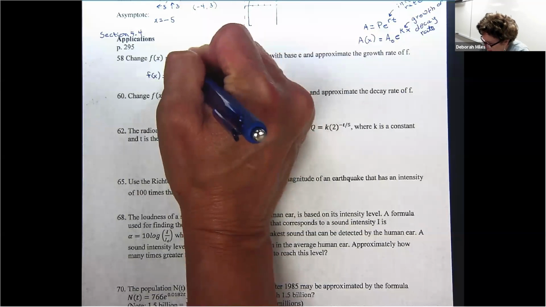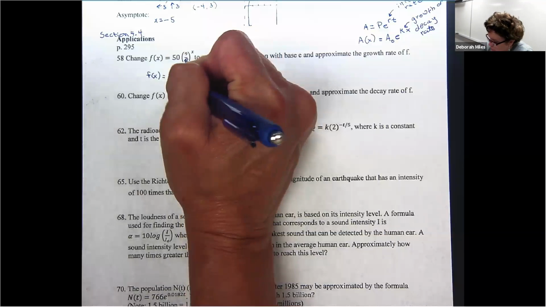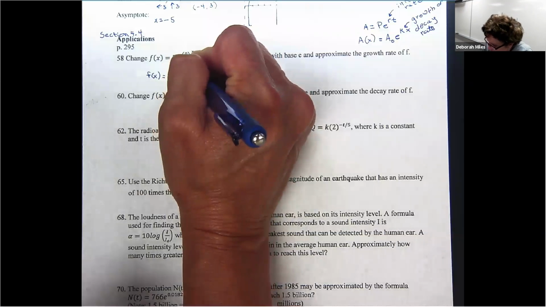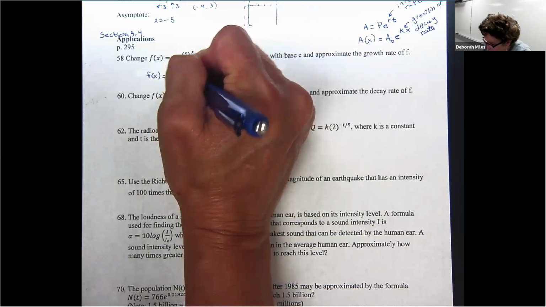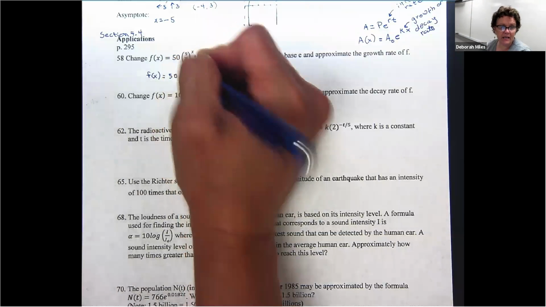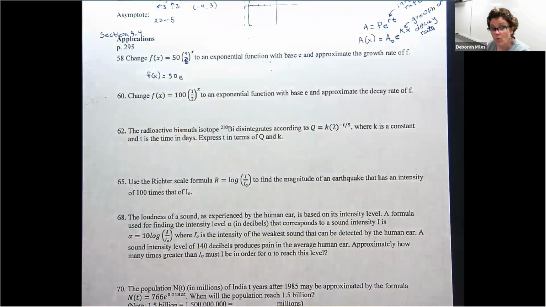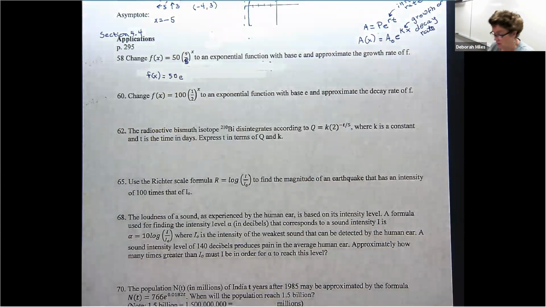What would that something have to be so that e to the something would undo each other and just leave me 9/8? Well, I know what undoes e to the something. Natural log does.